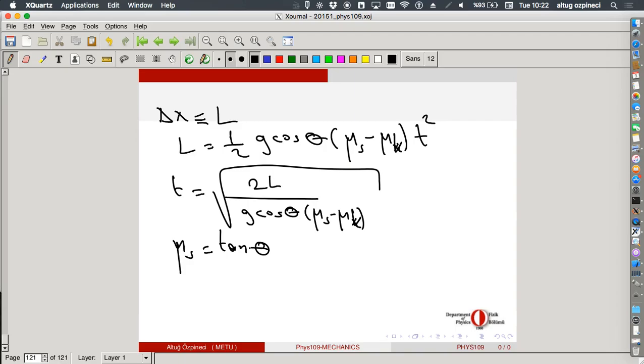So this is a means of determining the kinetic and static friction coefficients between various surfaces. You just take two objects made of different materials. You do this experiment. You calculate theta, the angle at which they start to slide. Then you know mu s. And if you measure how long it takes for the object to move a distance L, then from that information you can determine mu k.